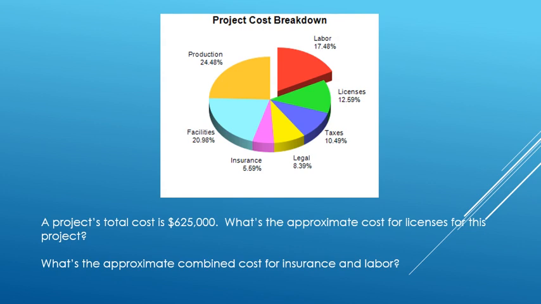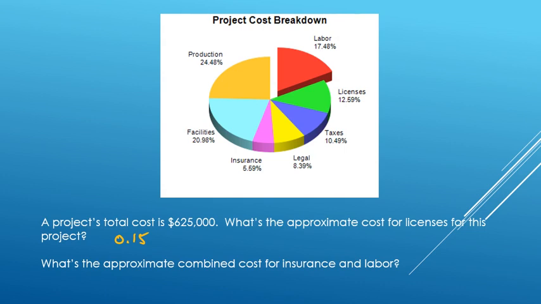So let's just work with 15% of $625,000. If we do 0.15, we are using it as a decimal here because we want to come up with the actual dollar quantity. If we did 15 times 625,000, then we would get a number that's more than the total cost, and that doesn't make sense.